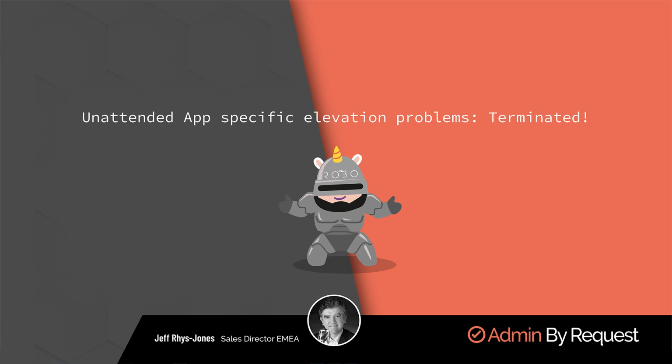So with the Robo use case, you can configure admin rights for those specific applications, and those can be unattended, automatically elevated, and then everything else on the system can be running as a non-administrator, and the user has no ability to even request admin rights for anything else apart from what you assigned.